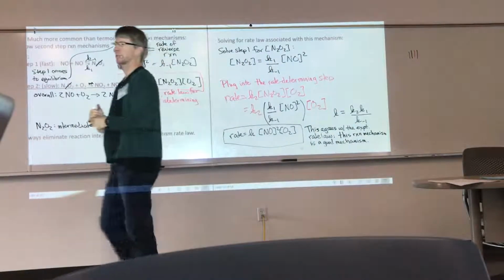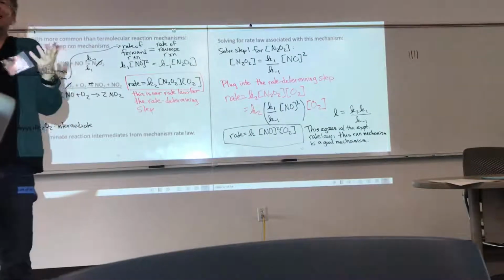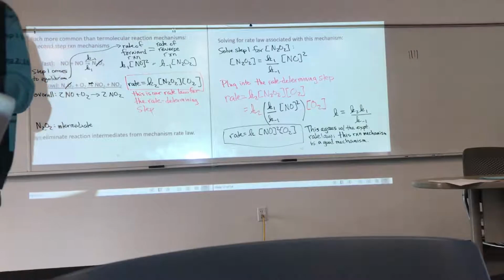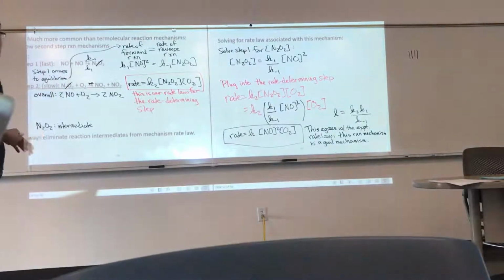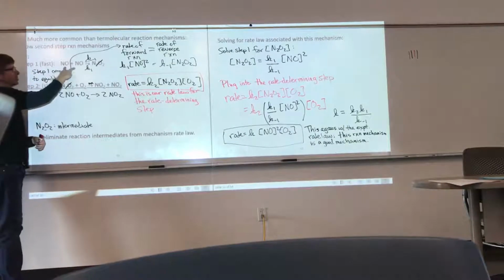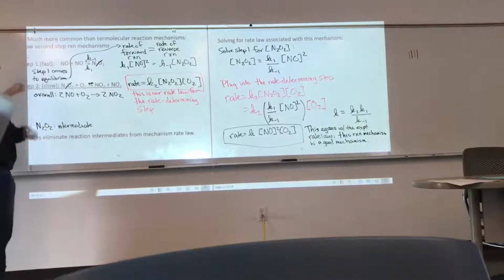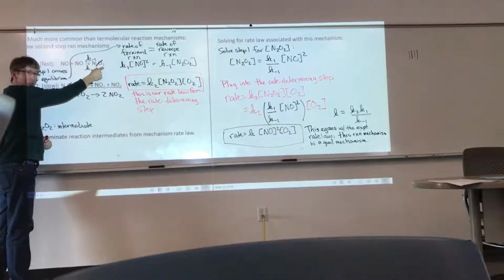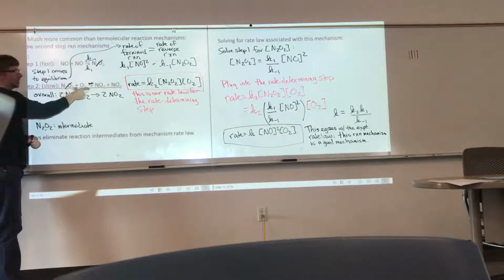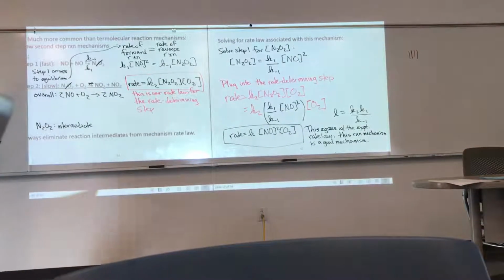This reaction mechanism is a good reaction mechanism. What does that mean? Remember, this is a hypothesis of what could be happening for this process. We are hypothesizing that it is a 2-step mechanism where 2 NO molecules come together, create 1 molecule, so they stick together, then that molecule collides with an oxygen, makes 2 NO2. It is consistent with experiment.